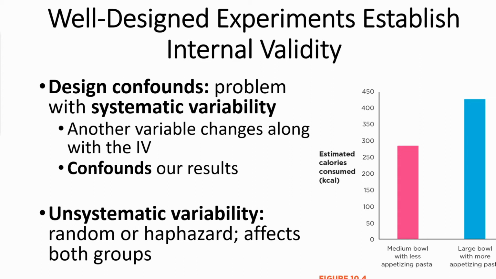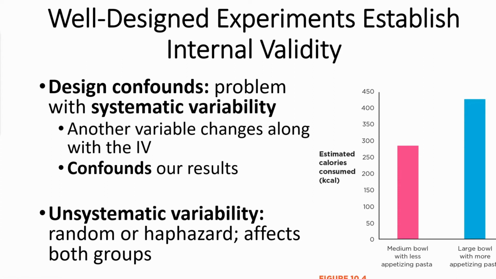Because that better tasting pasta is happening sort of equally spread between the two groups, we're seeing what's called unsystematic variability. So the effects are randomly distributed or haphazardly experienced by both groups. In those cases, if you can spread apart those effects, it's a lot less of a problem.